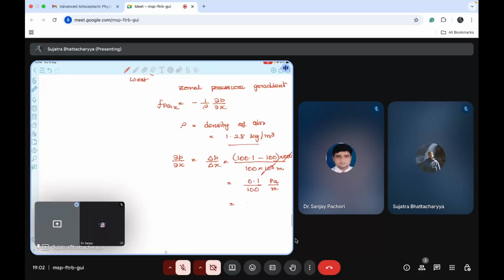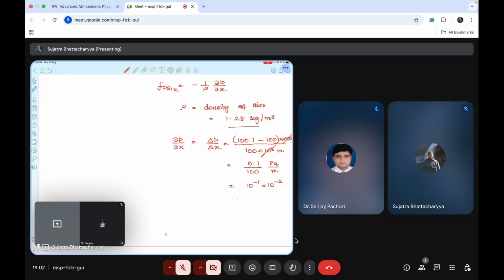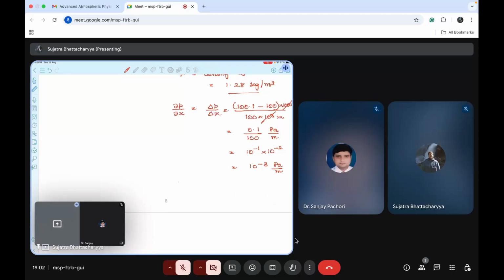You get 10 to the power minus 1 into 10 to the power minus 2. So you get this as 10 to the power minus 3 pascals per meter. And when you do 1 by rho delta P by delta X, there is a negative sign, of course. So minus 1 upon 1.28 kg per meter cube, into 10 to the power minus 3 pascals per meter.